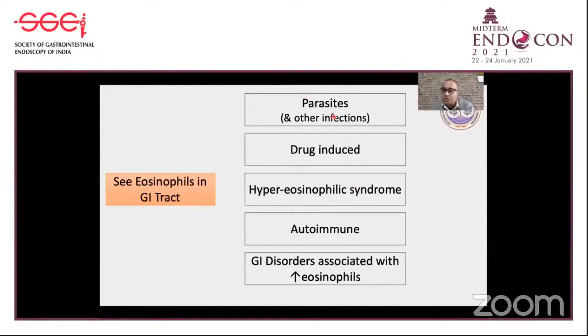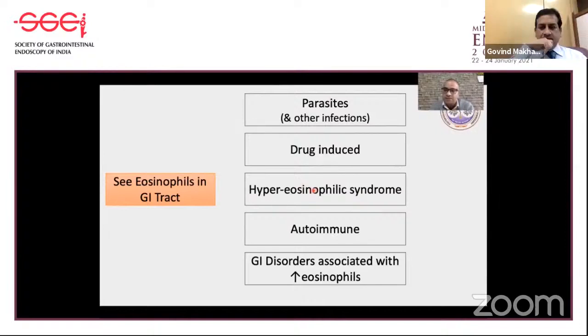infections like strongyloidiasis, drug-induced eosinophilia, eosinophilia as part of hypereosinophilic syndrome, which may accompany certain hematological malignancies, or association with autoimmune diseases like Churg-Strauss syndrome, and then underlying GI diseases which may be associated with increased eosinophils, like celiac disease or inflammatory bowel disease.